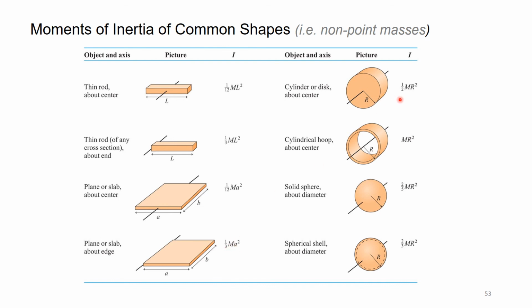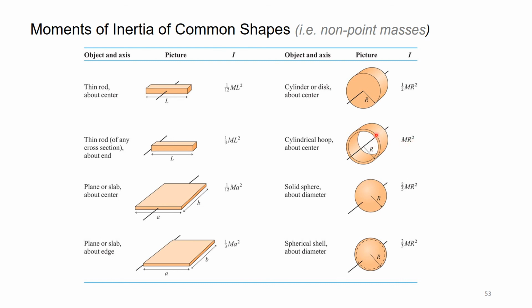All right, let's move on to the cylinder. So we have a solid cylinder here, or a solid disk, either way. The moment of inertia is half times mass times radius squared, and the axis of rotation is passing through the center. And if you have a hollow cylinder, a hoop, then the moment of inertia doubles. It becomes mass times r squared.